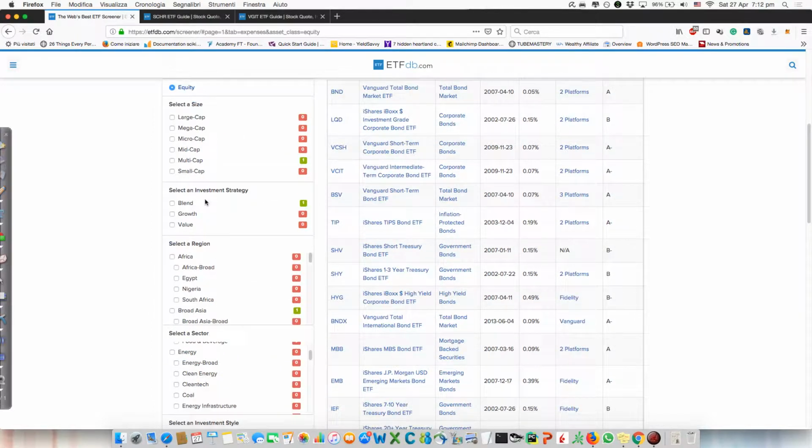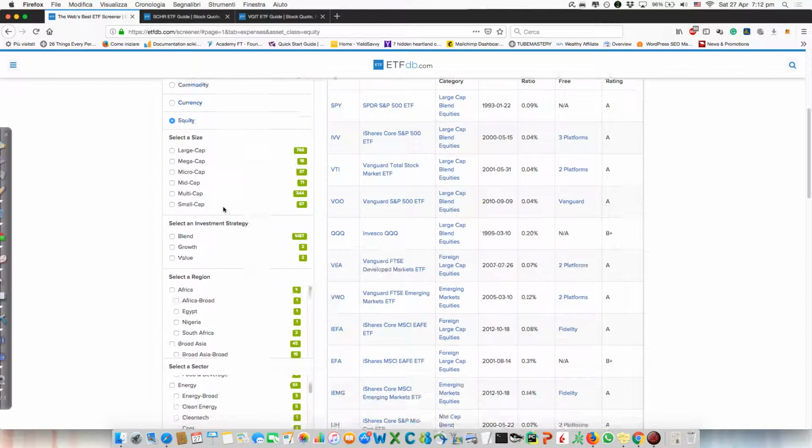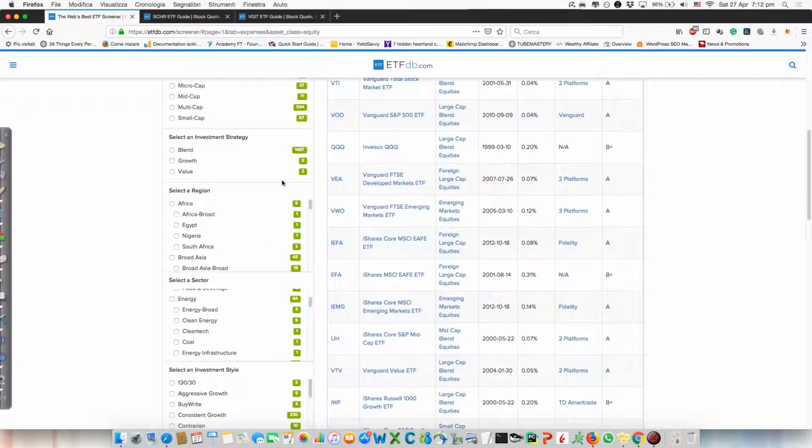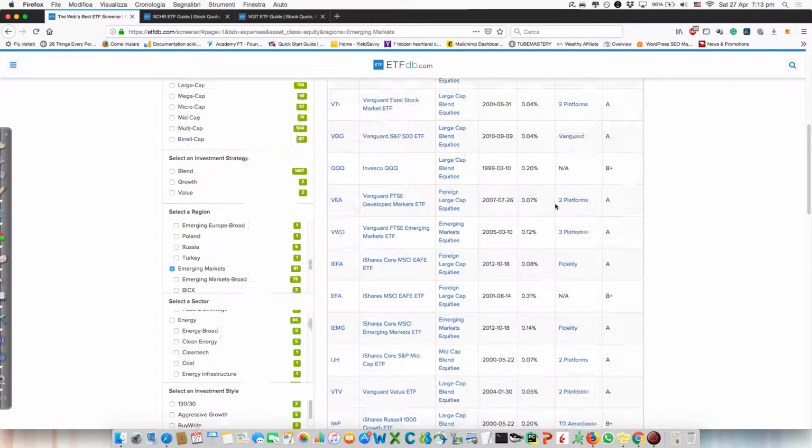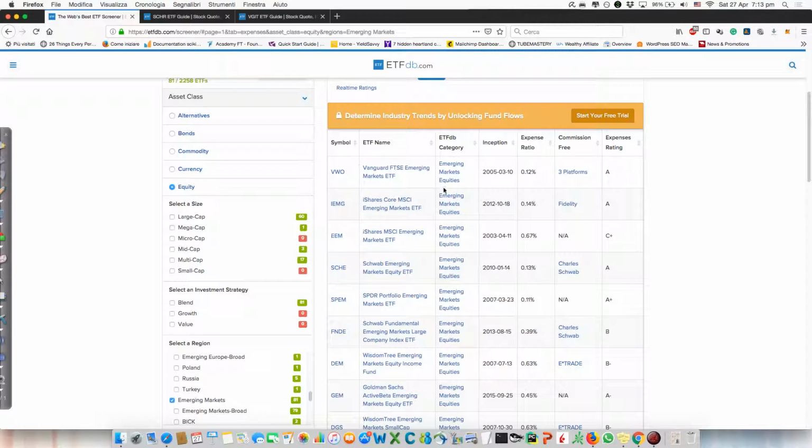Okay, let's click on equity. Okay, and let's look for, you see you have so many options, but we can check for emerging markets here. So we click here, and then here you see the emerging market.